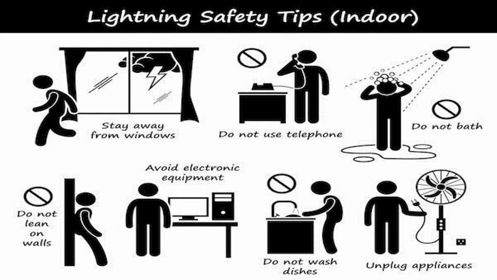Do not call through a landline, as in doing so, you may endanger his life. It is better to unplug appliances like computers, TVs, landline telephones, etc. Do not take a bath as you can receive a lightning shock through metallic water pipes.